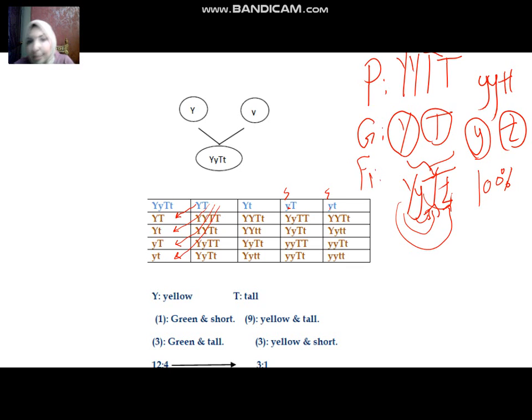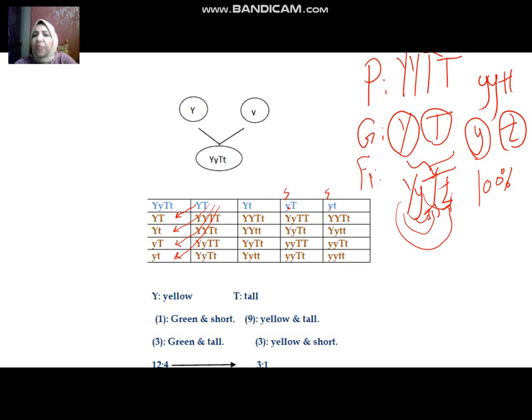So like this again: the first gamete with the first one, and we will write the result here. Y capital, T capital, T capital. First with second, Y capital, T capital, T small. First with third, Y capital, Y small, T capital, T capital. And the first with the last one, Y capital, Y small, T capital, T small.